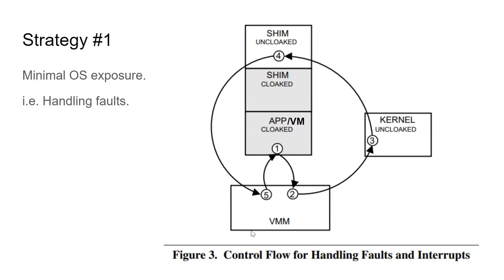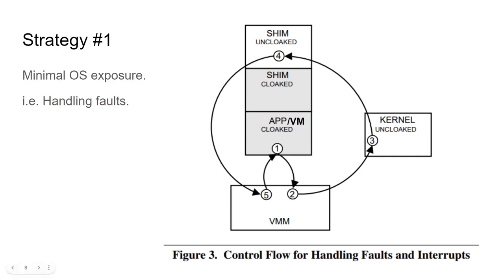And Overshadow leverages this shim to help identify application contexts without relying on an untrusted operating system. So the shim is linked to the application address space at load time, and it contains cloaked and uncloaked memory that is able to communicate with the hypervisor or VMM.